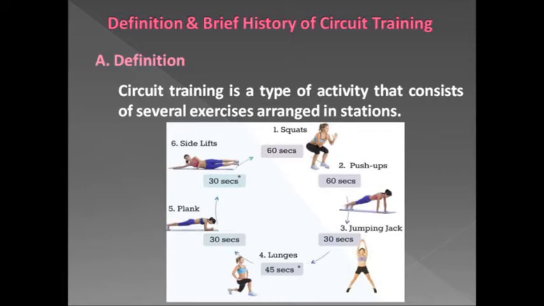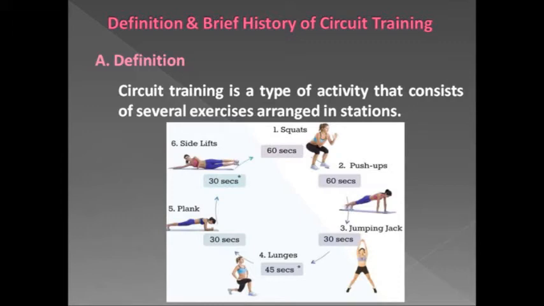seconds of rest interval. Fourth activity, lunges for 45 seconds, then rest interval for 15 seconds, and plank pose for 30 seconds. After that, rest interval for 15 seconds. Then proceed to your last activity, which is the side lifts for 30 seconds.